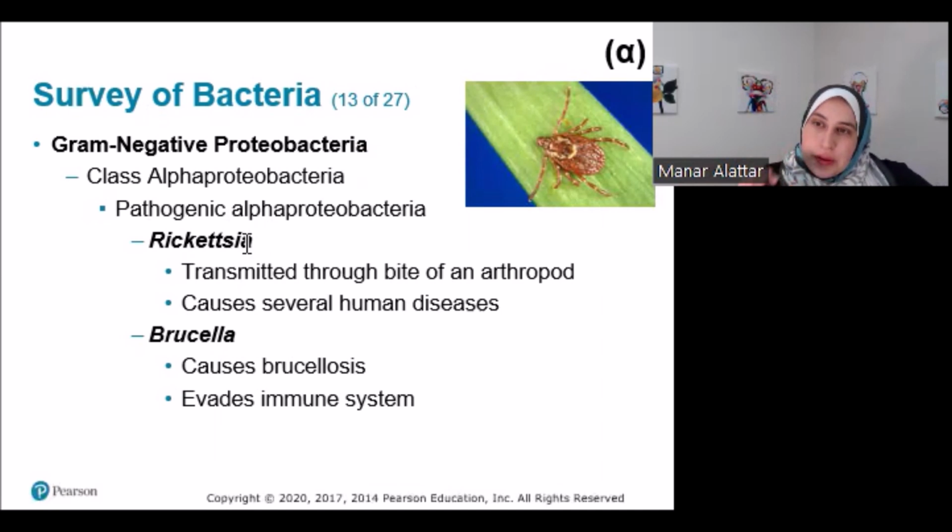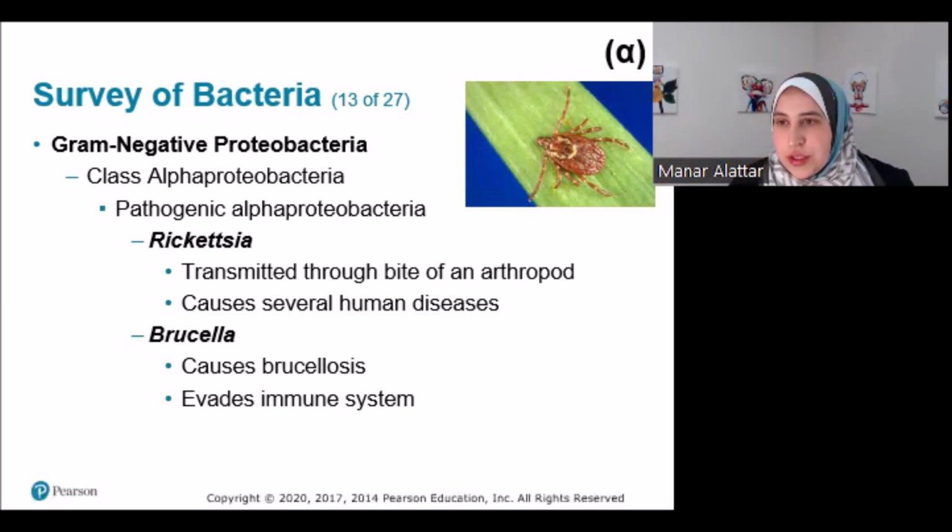Generally it's living and reproducing within mammalian cells, but it can be transferred by vectors that are arthropods like fleas, ticks, and mites. Rickettsial species cause typhus and Rocky Mountain fever, which can produce a rash, muscle pain, and other symptoms as well.